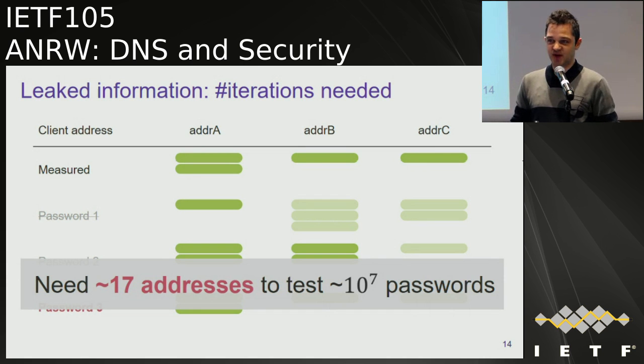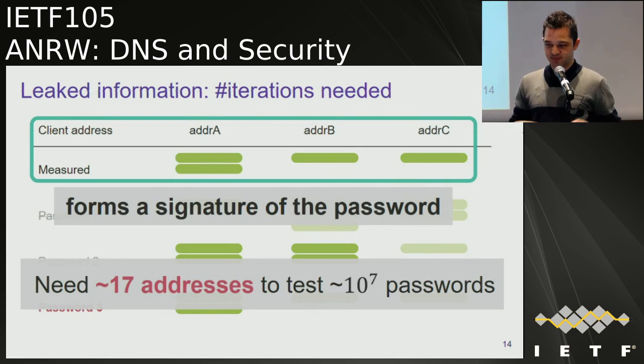And in practice, we found that this is quite feasible in just a few hours. The conclusion here is that the number of iterations that are executed essentially form a signature of the password that is being used, and we can use that to do an offline brute force attack.